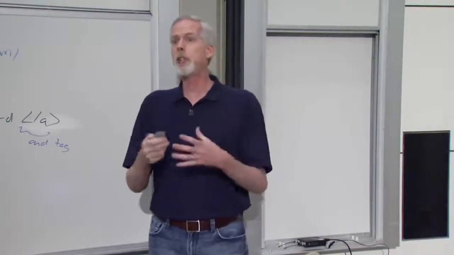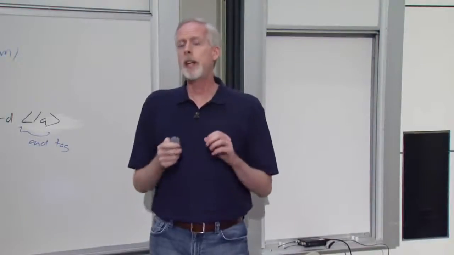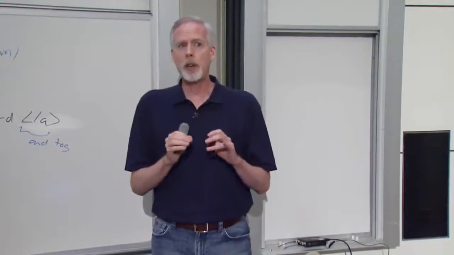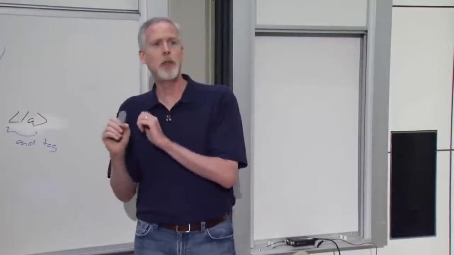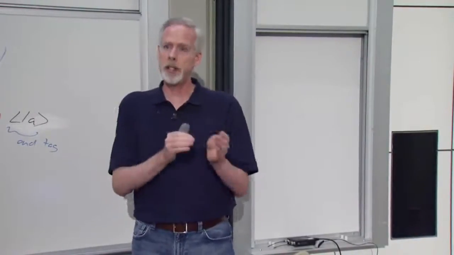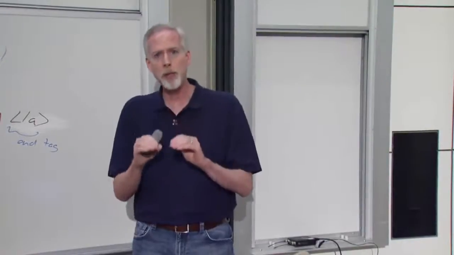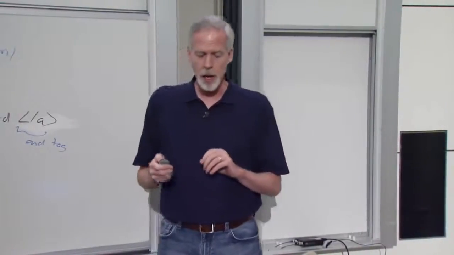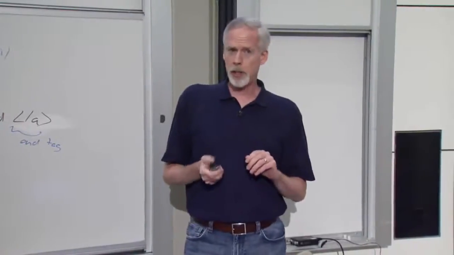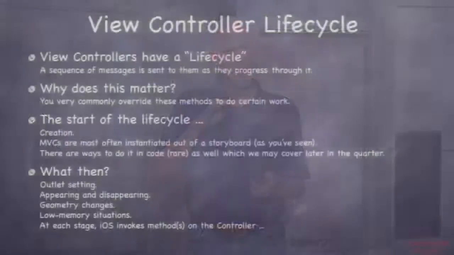So that's the creation part of the lifecycle. And we don't really do much at creation. In fact, I'm not even going to talk about creation until the very end of the view controller lifecycle. Even though it is chronologically the beginning, it's by far the least important, so I'm emphasizing that by putting it at the end.